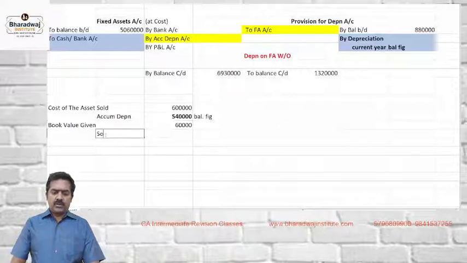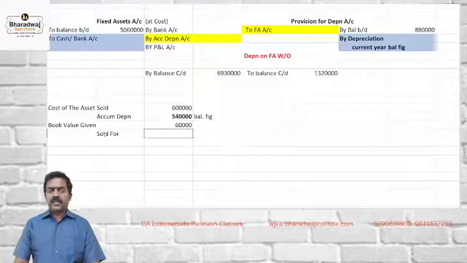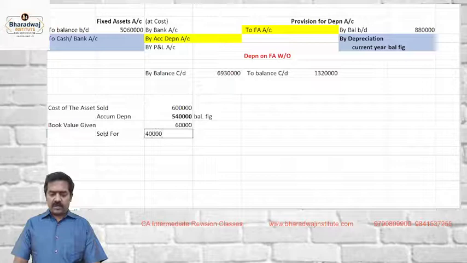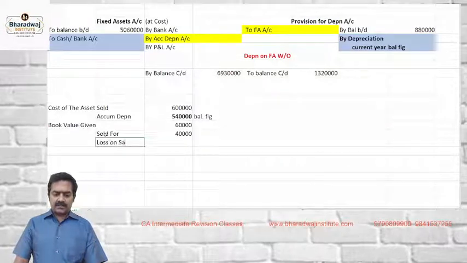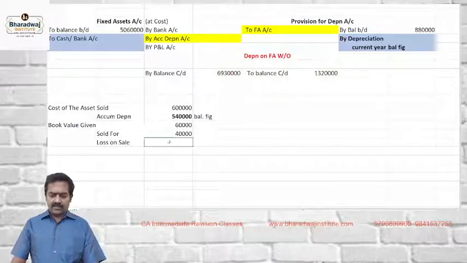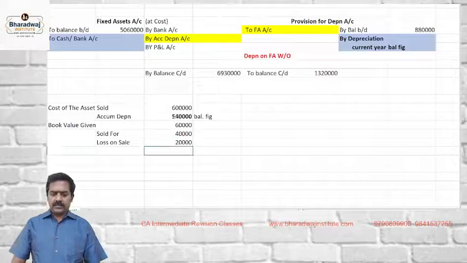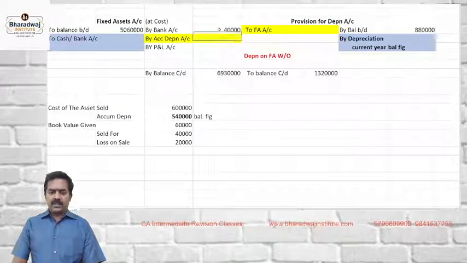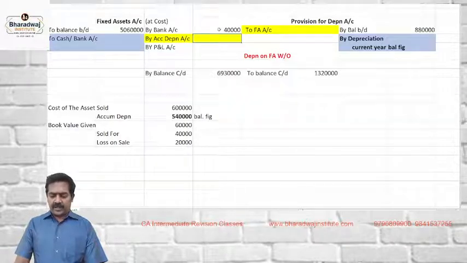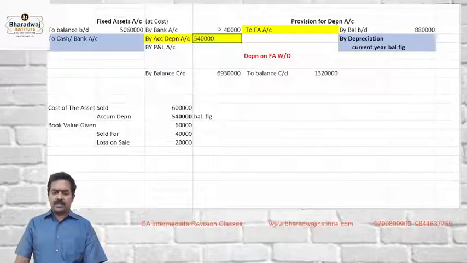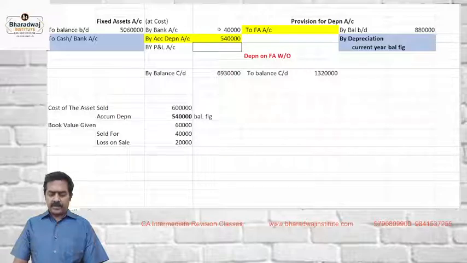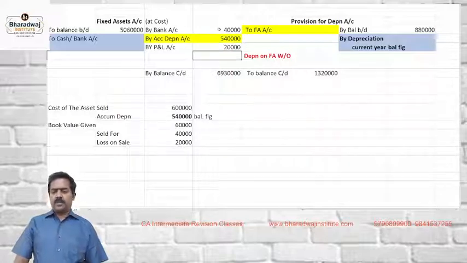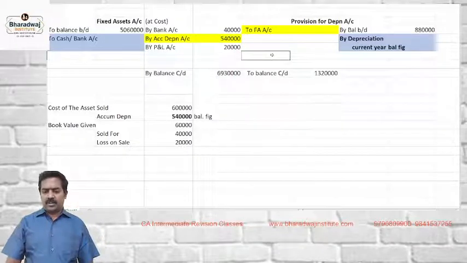This asset is sold for how much? This asset is sold for 40,000, means what is the loss on sale? Yeah, record it. So by bank, how much? 40,000. By accumulated depreciation, 5,40,000 on the asset sold. Then loss on sale is how much? 20,000. You can prepare asset disposal account also, not an issue.